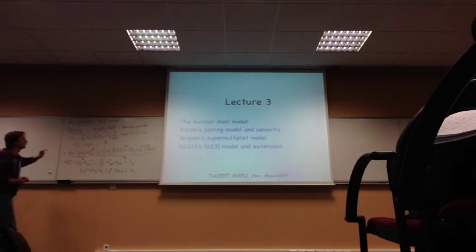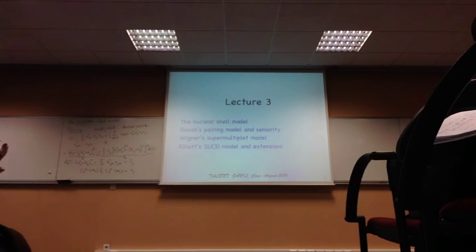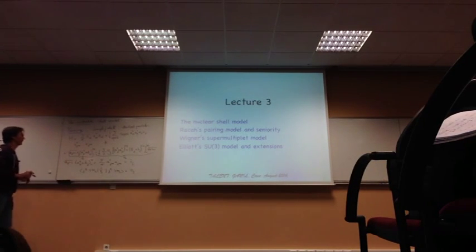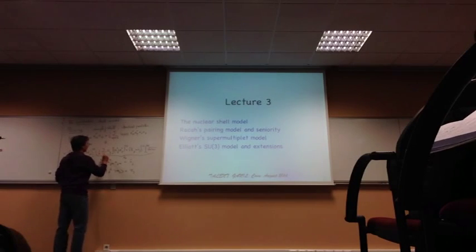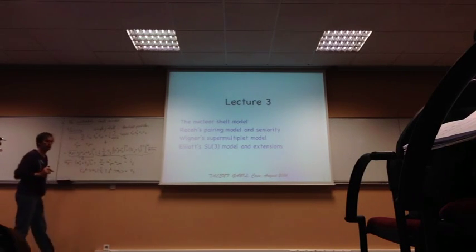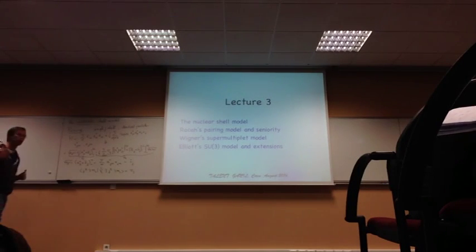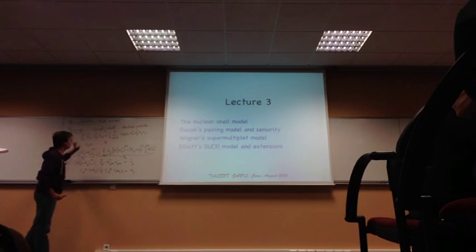The interaction is completely specified if you choose a set of matrix elements here. And remember, if the particles are identical and in the same shell, this J can only be even. It's already a week ago, but it's still valid. So this is a general Hamiltonian for a single j shell.